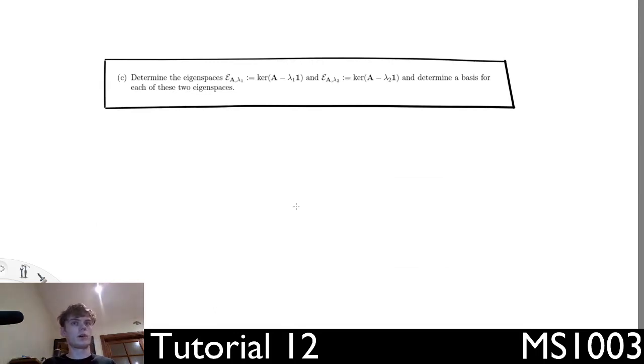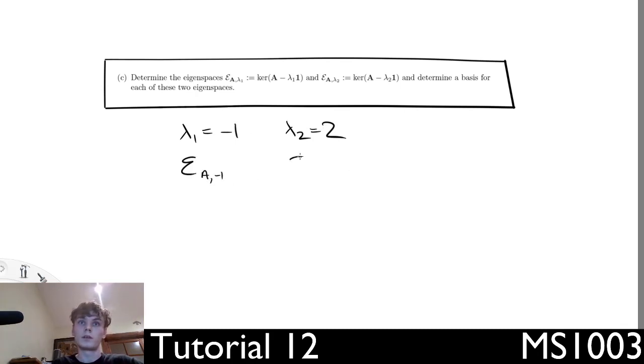Now we're going to go finding the eigenspaces for each eigenvalue. So remember, I have lambda 1 equals -1, lambda 2 equals 2. So what I want to find here is E_A(-1) and E_A(2), or epsilon A minus 1, epsilon A2.